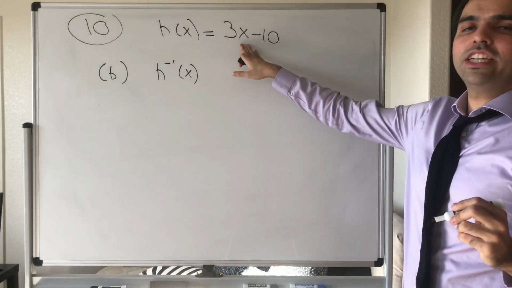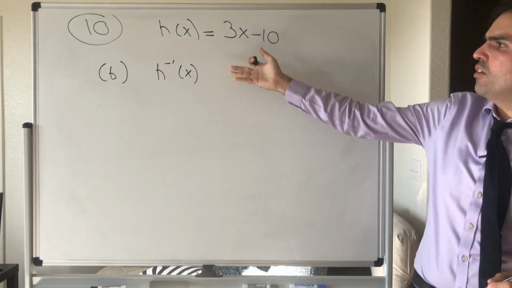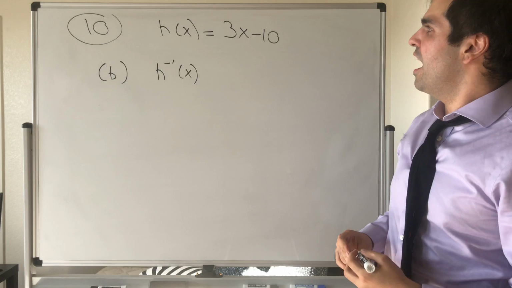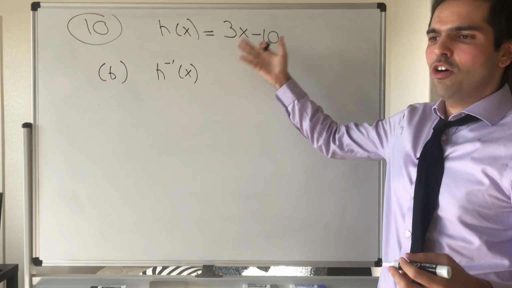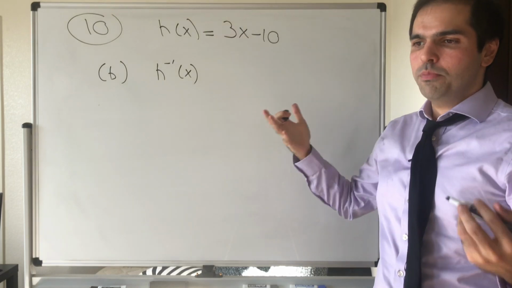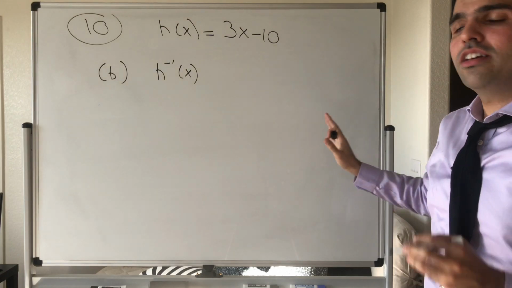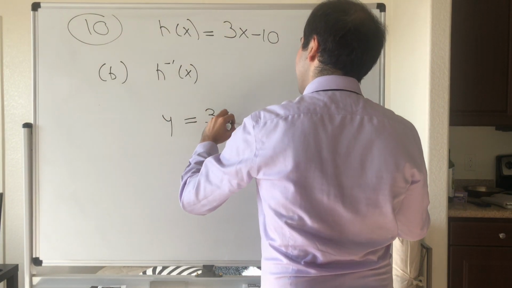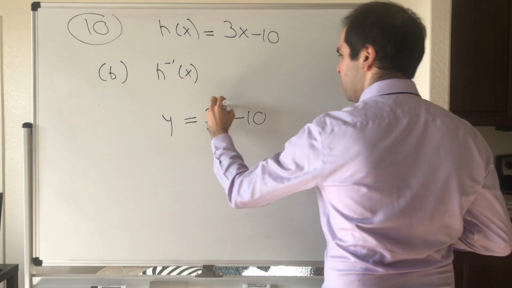Now suppose we give you h of x is 3x minus 10. The question is, what is h inverse of x? You have to ask yourself, given an output y, which input x gives you 3x minus 10? To do this, set y equals 3x minus 10 and solve for x.